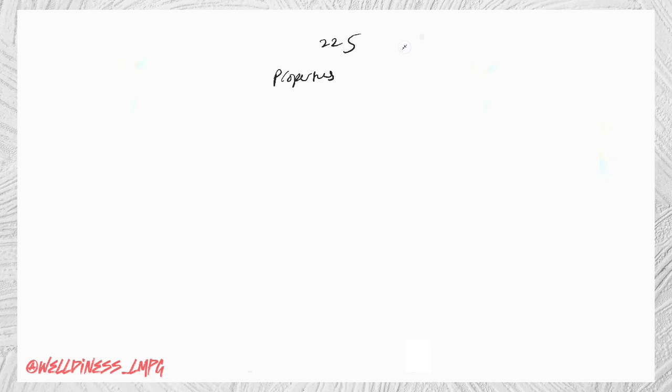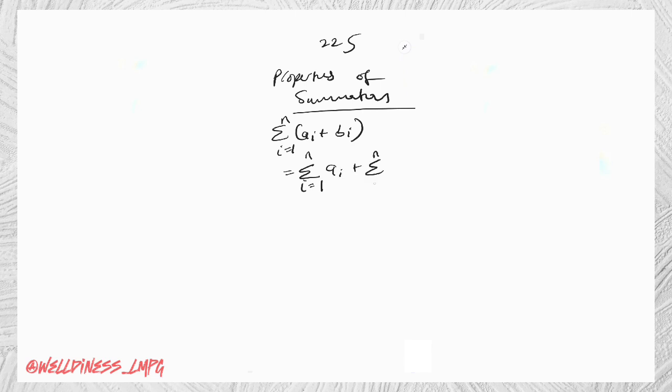Okay, so let's go over the properties one more time, and I'm going to add some other new ones that are going to be necessary that we're going to use down the line. So like I mentioned earlier, when you have something like a_i plus b_i, you can separate them and assign separate sigma properties to both of them.